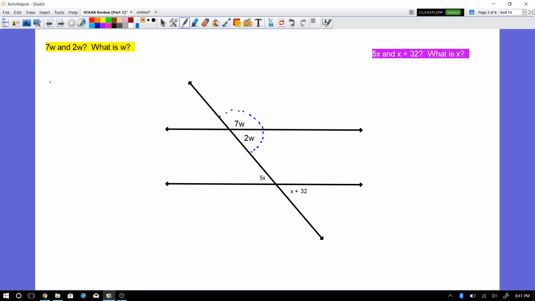So it's saying, okay, when I add those two up, 7W plus 2W, I should get 180 degrees. Okay, well, how many W's do you have over there now? Looks like you have 9 W's. 180 degrees. That looks like a one-step equation. So you're sitting there going 9 times something equals 180. What you could do is divide both sides by 9.